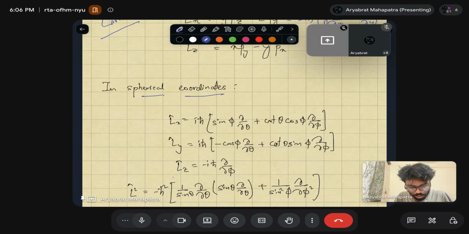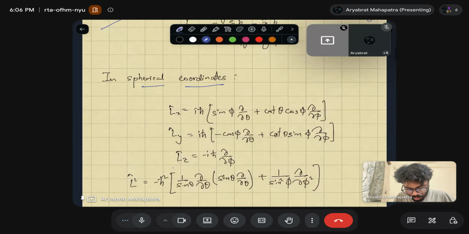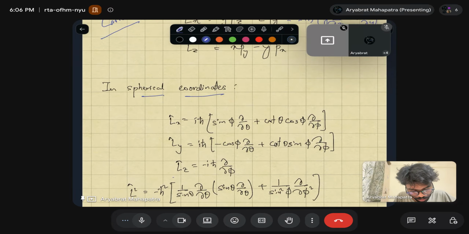So in spherical coordinates, as you can see here, you have to go from the x, y, z system to the r, theta, phi system.